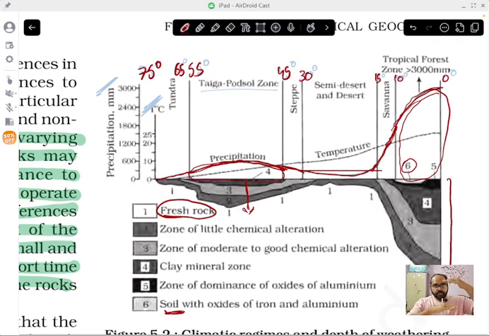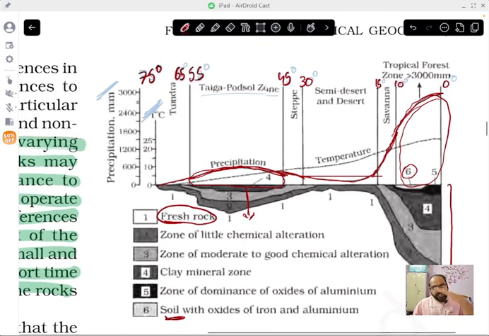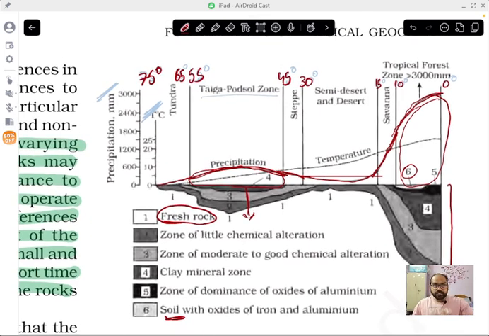In tropical regions, that is the tropical forest zone in the equatorial region, you have a high amount of rainfall, which is responsible for the weathering of deeper layers of the soil. In the taiga podsol region also you have a high amount of rainfall, which is responsible for weathering of the deep layers of the soil.